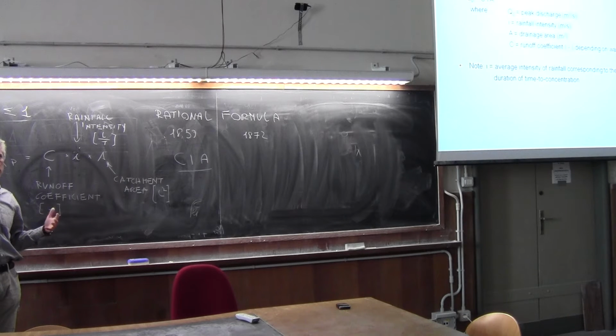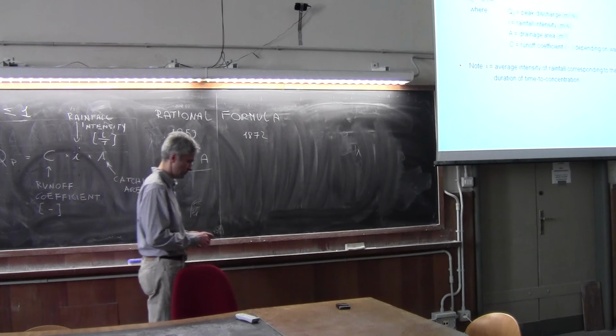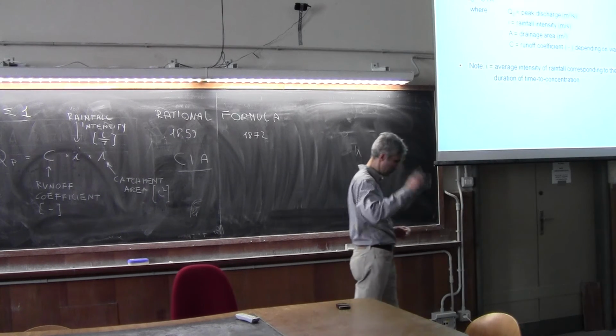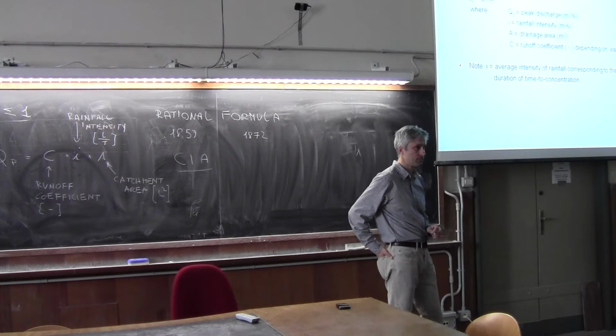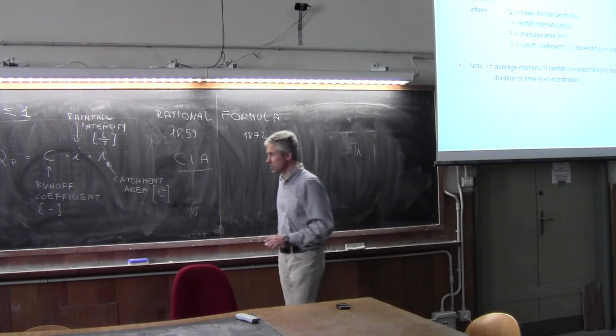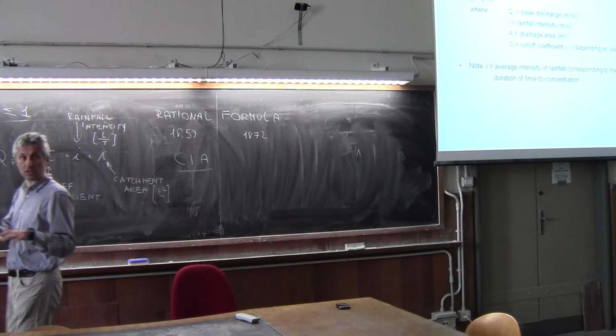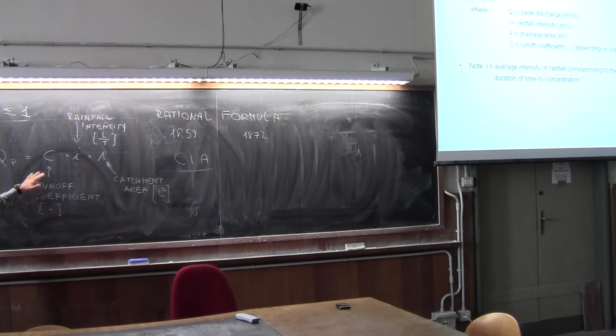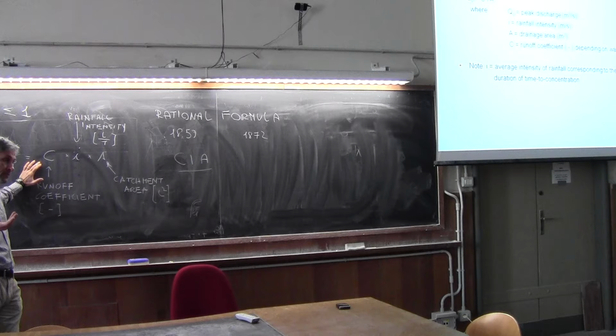But during flood, as I said, it's an assumption that is reasonable. There is to say that the fact that rainfall doesn't cover A completely is also included in the value of the runoff coefficient. So basically, the runoff coefficient doesn't take into account water losses only, but also the fact that rainfall could hit only a part of the catchment.